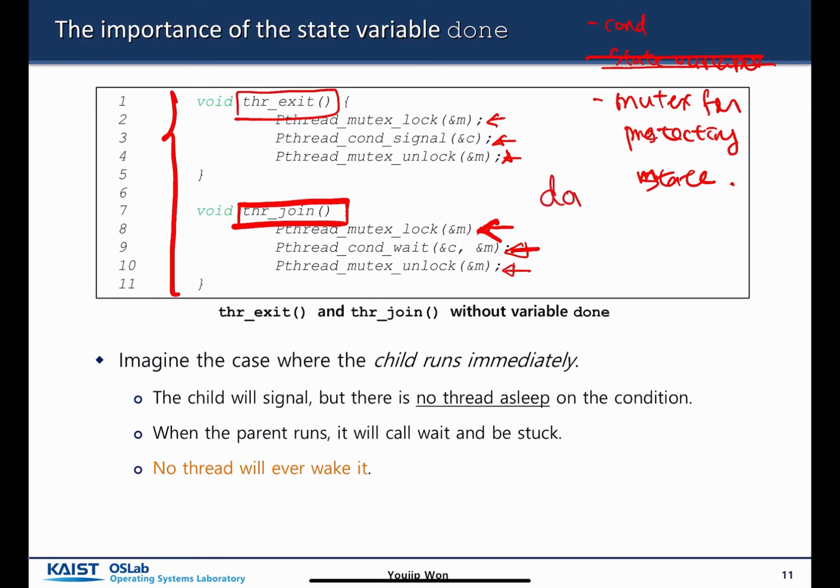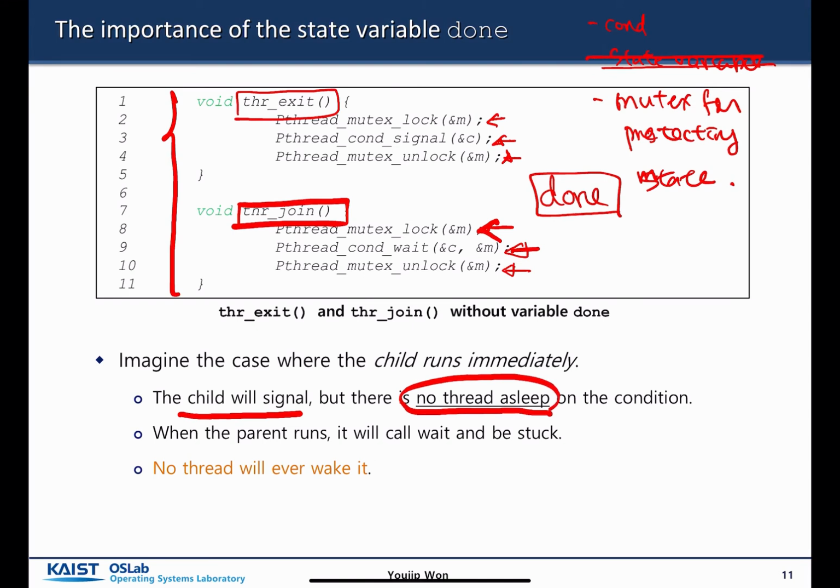So we used to have the done variable to represent the state of the system, whether the child has finished or not, but we do not have a state variable here. Then what is going to happen? Imagine the case where the child runs immediately. Then the child will signal, but there is no thread asleep on the condition.